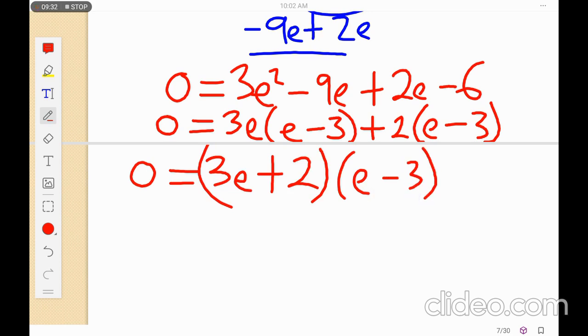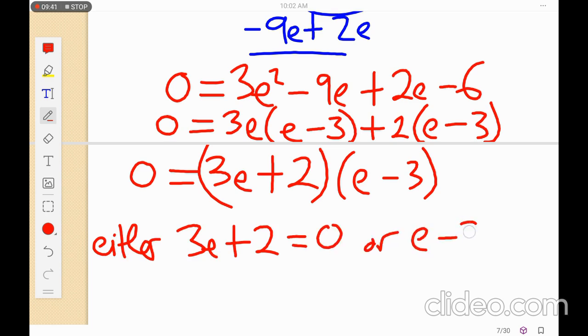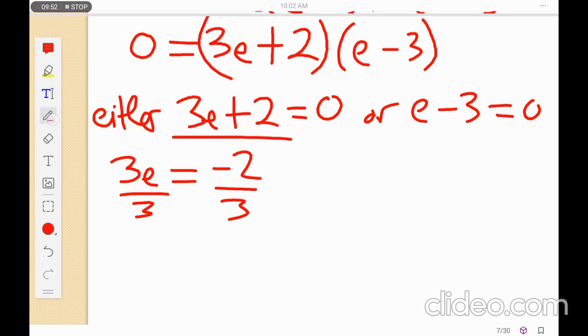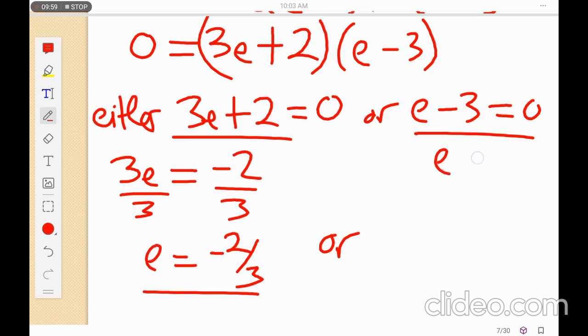So either 3e plus 2 is equal to 0 or e minus 3 is equal to 0. So for the first one, 3e is equal to minus 2, over 3, so our e here is equal to minus 2 over 3. Or for this one, e is equal to 3. So these are the two values for that.